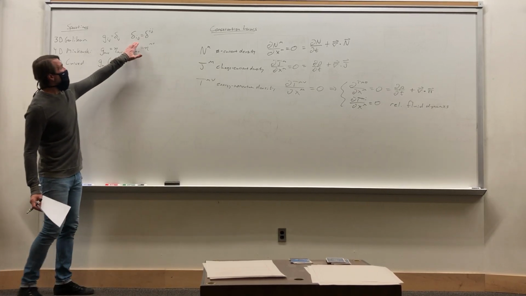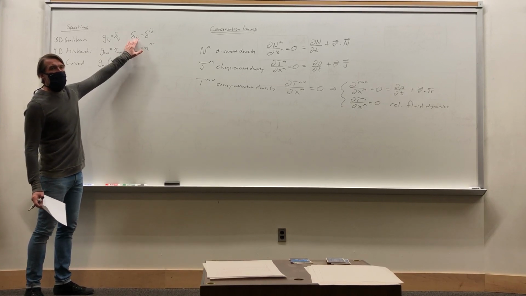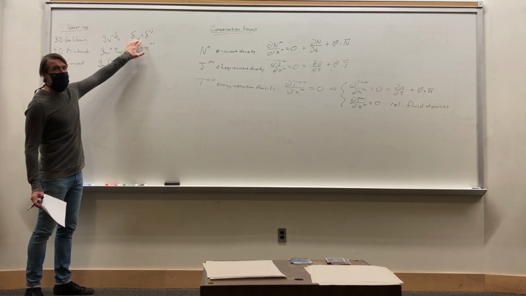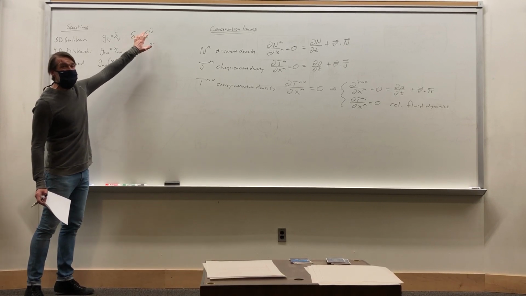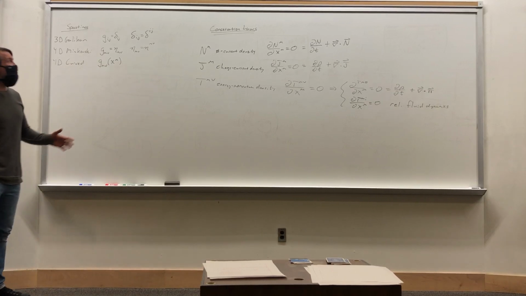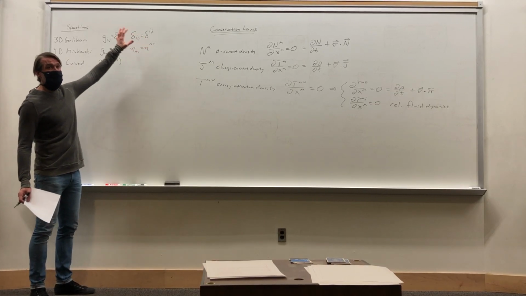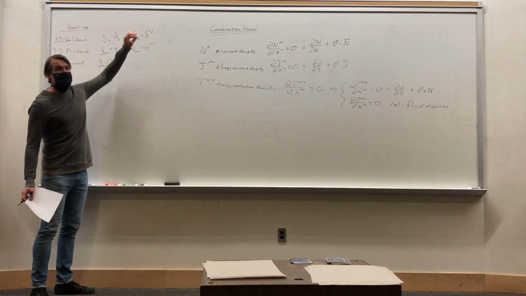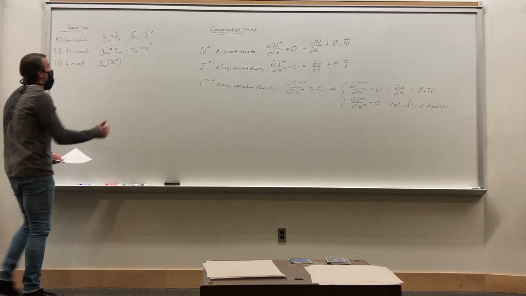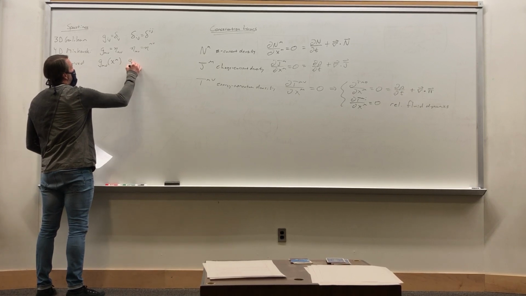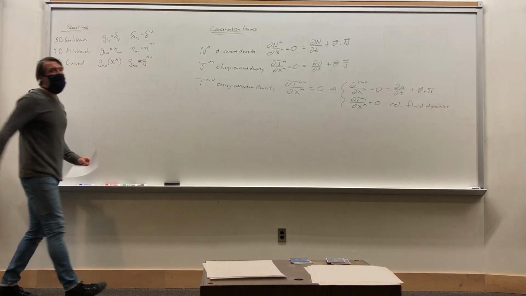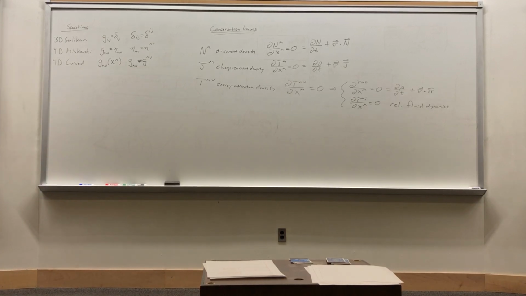Normally I wouldn't write a tensor equation with lower indices on the left and upper indices on the right. What I'm saying here is that the ijth component of the thing on the left is the same as the ijth component of the thing on the right. So don't think of this as a matrix. Think of it as each element is the same as the corresponding element of the other thing. In general relativity, that will not in general be true.